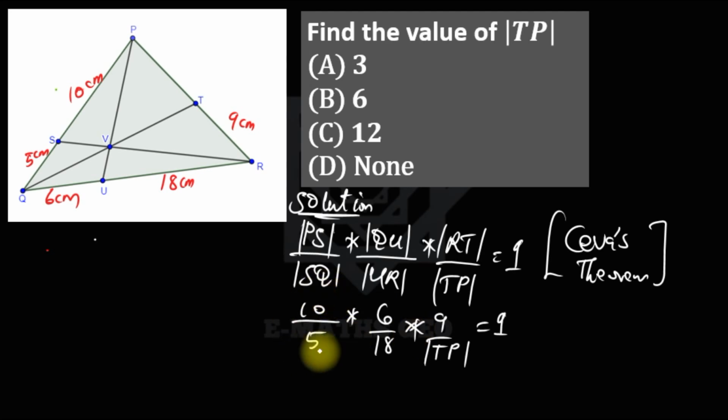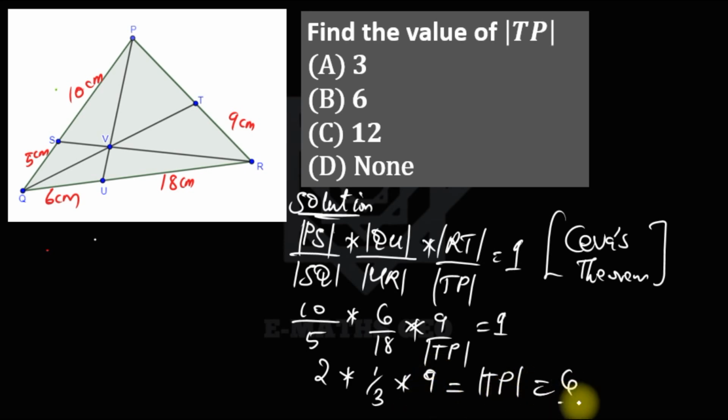So this is 2, this is 1 over 3, and this is 9. We move this to the other side to make TP the subject of the formula. My answer is 6. So the answer is option B. The solution is based on Ceva's theorem.